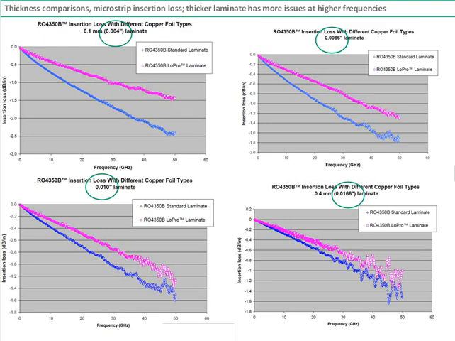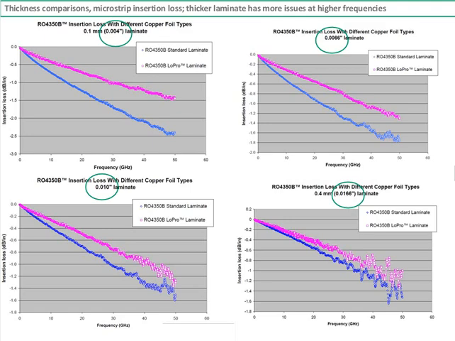Going down this path a little farther, and also making a couple of points with these charts, I'm looking at the same material with rough and smooth copper. The RO4350B blue curve is the standard copper, which is high profile and relatively rough. Just to make sure I'm clear, the copper roughness I'm talking about is the surface at the interface between the substrate and the copper as we make the laminate.